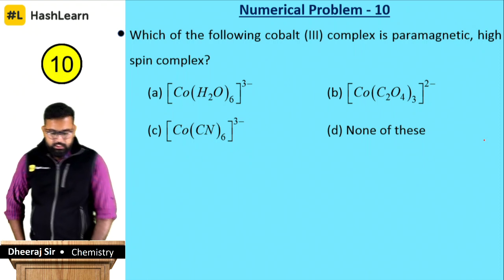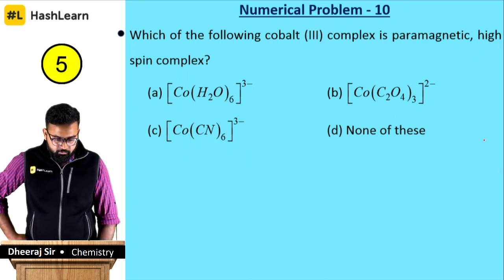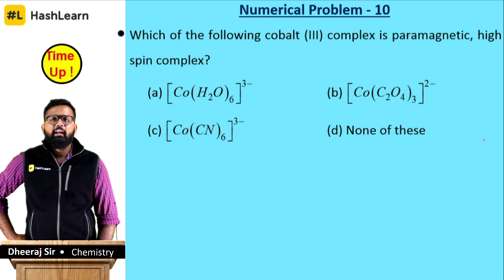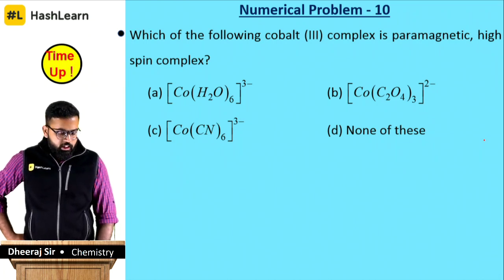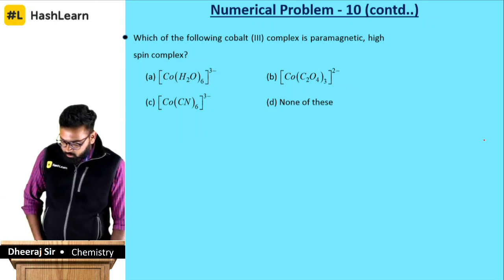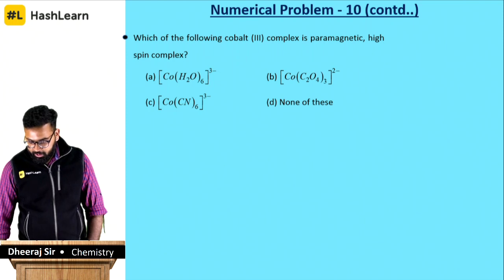So think, guys, think. Which of the following cobalt complexes is paramagnetic? Paramagnetic has to have unpaired electrons. High spin, you know what high spin means. So try to answer this fast. It shouldn't take us too much time.